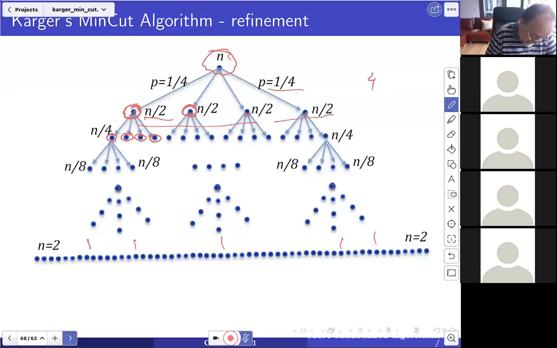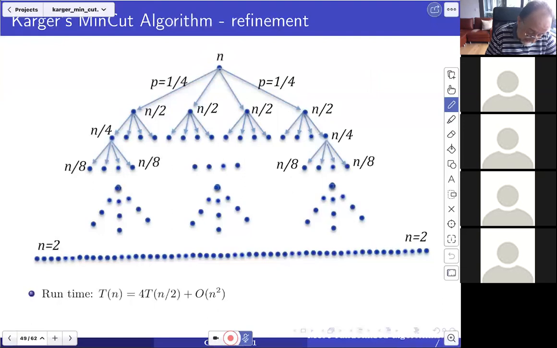So let's see now what is the runtime of the algorithm, because this looks like it involves a lot of runs of the basic algorithm. So we have to make sure that they don't add up excessively. What's the runtime? Well, your original algorithm has been reduced to 4 instances of the algorithm run on graphs of size n/2.